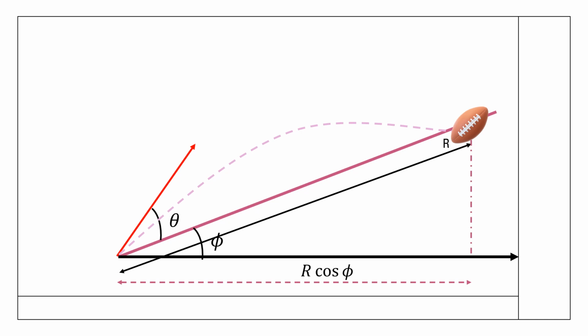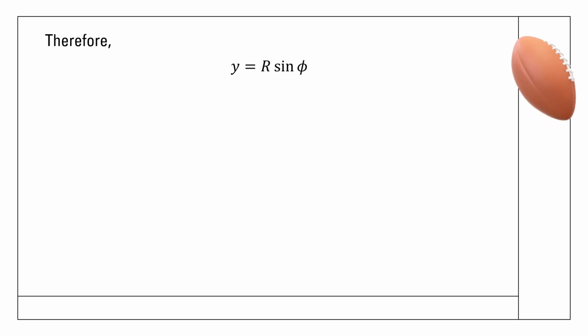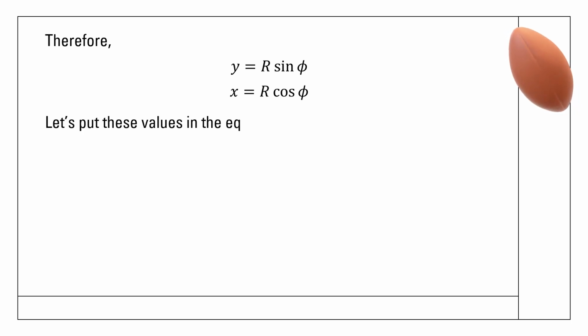So x component of r is r cos phi and y component of r is r sin phi. Therefore, we can put y equal to r sin phi and x equal to r cos phi in the equation of trajectory.